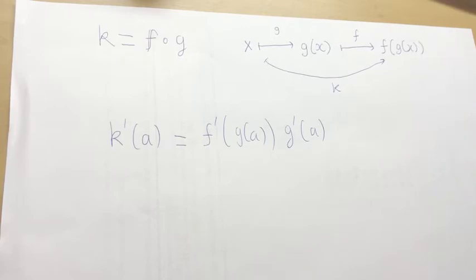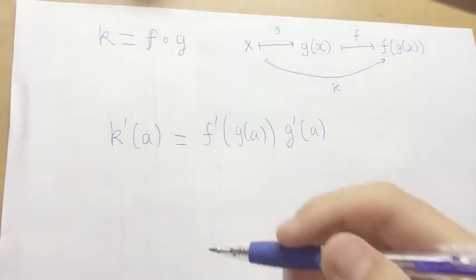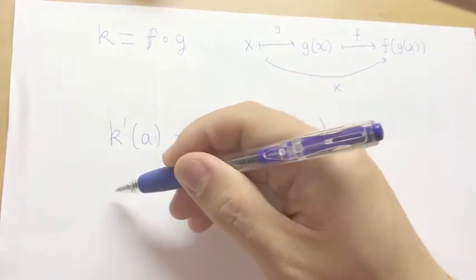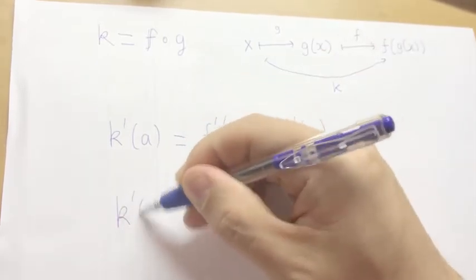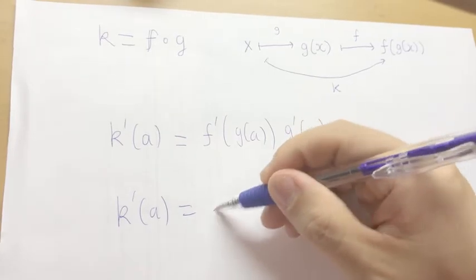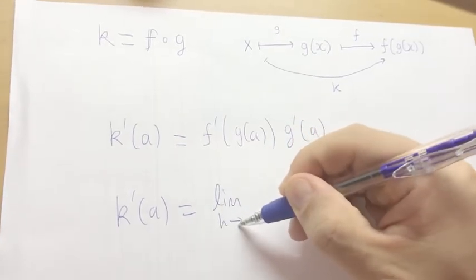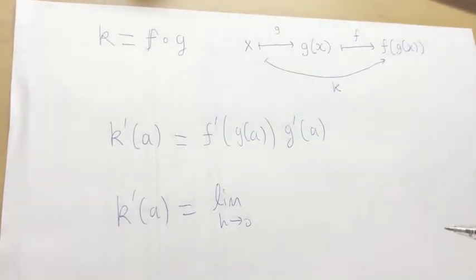Now maybe we could try to prove it. Just at least to remind ourselves what it is these are defined as and what maybe needs to be proved. The definition of k prime of a involves a limit, and the limit is what we're saying exists.